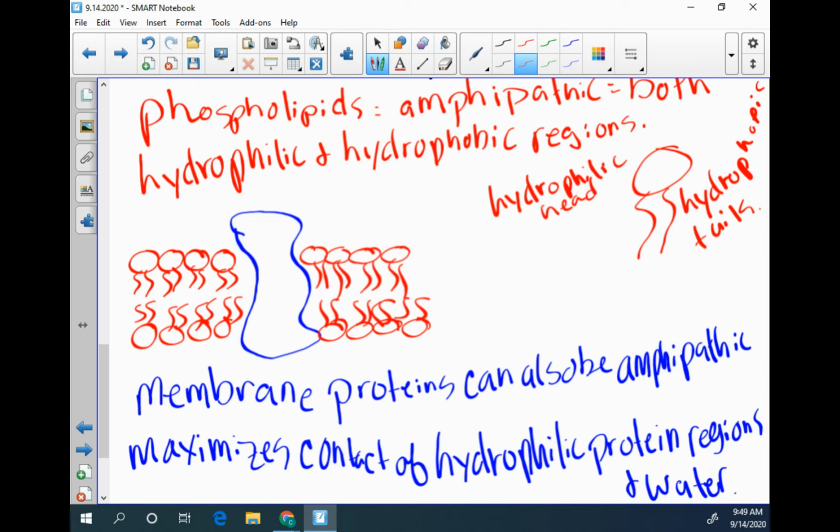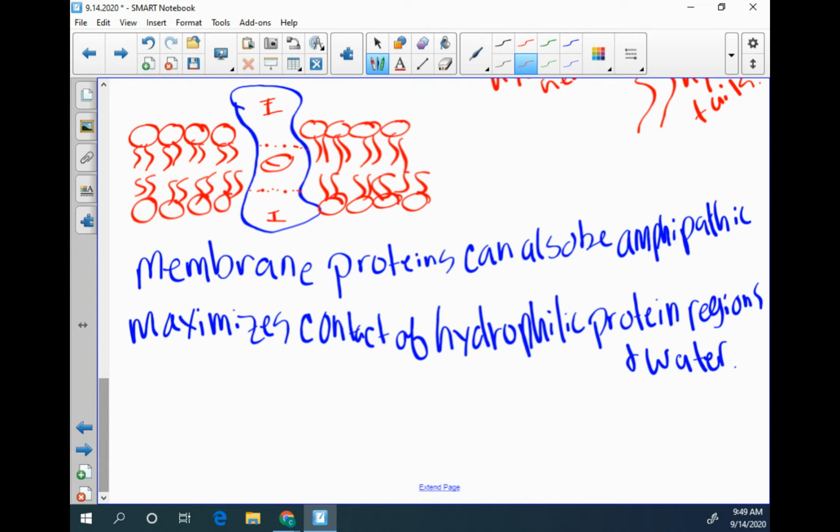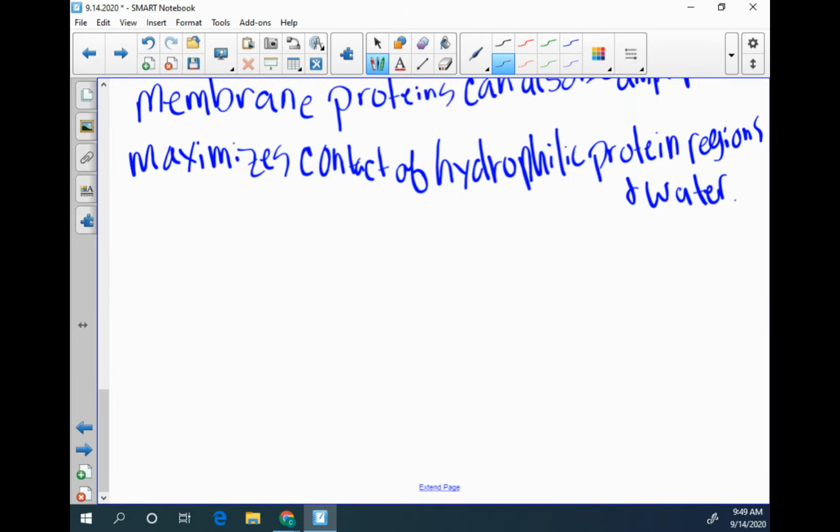This region right here would be hydrophobic, and this region up here would be hydrophilic. This concept of proteins being able to integrate into the cell membrane leads us to our fluid mosaic model.